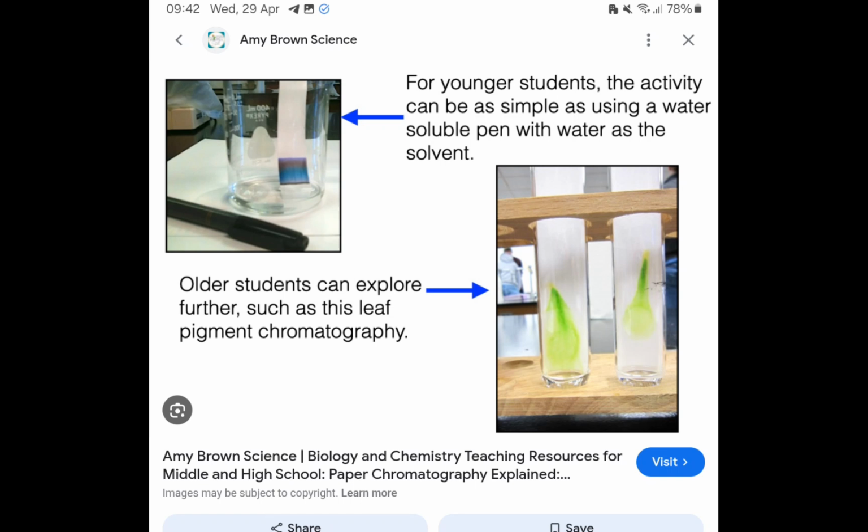See this image, friends. This is the experiment, chromatography experiment. In this, colors are separated. In this method, separation of colors. Yeah, it happened. Separation of colors.